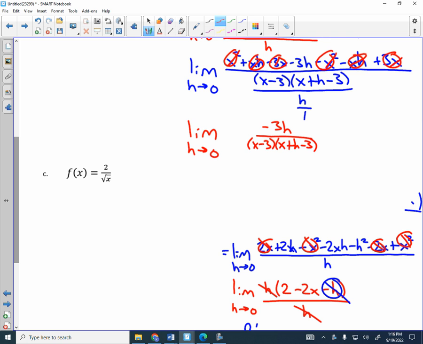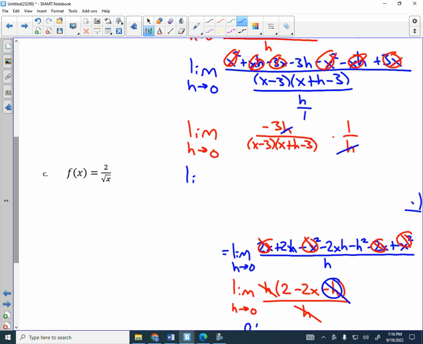And then instead of dividing by h over 1, I could multiply by 1 over h. And when I multiply by the reciprocal, the h's cancel.